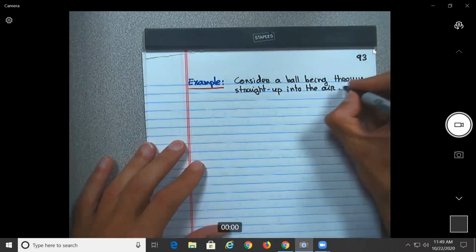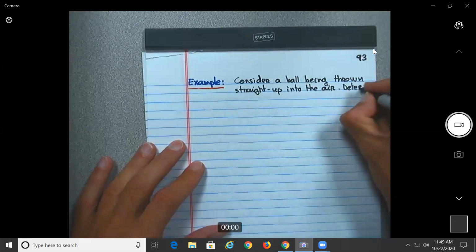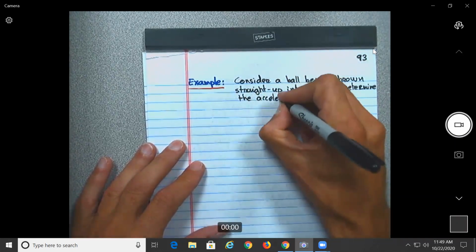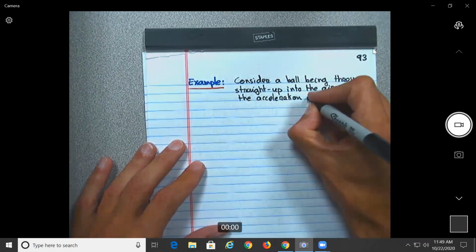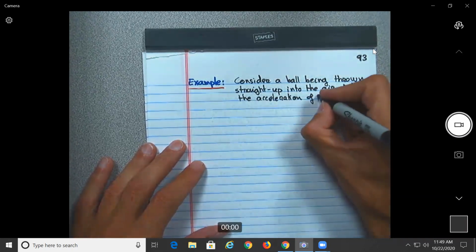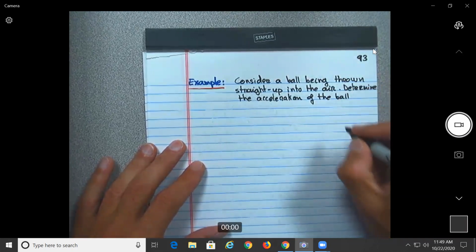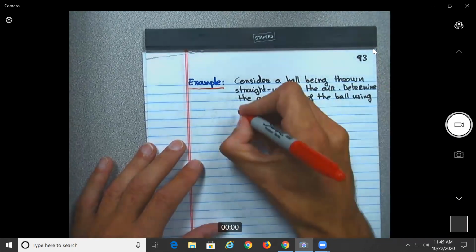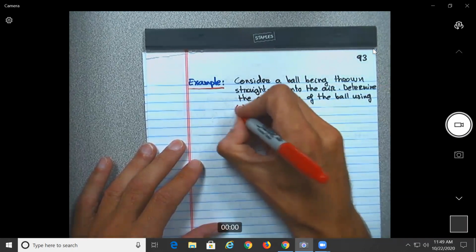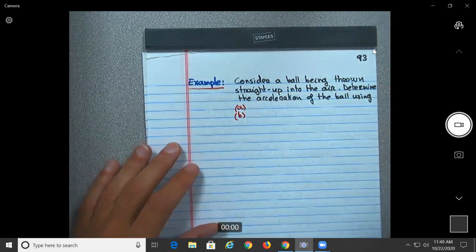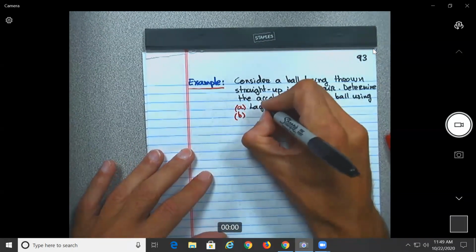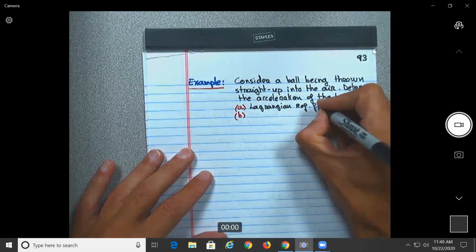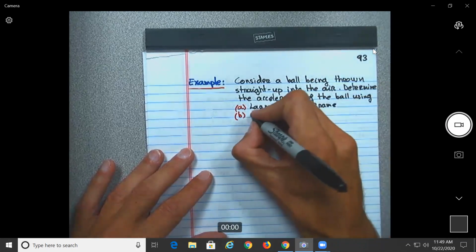We need to determine the acceleration of the ball using, part A, the Lagrangian reference frame, and part 2, the Eulerian reference frame.